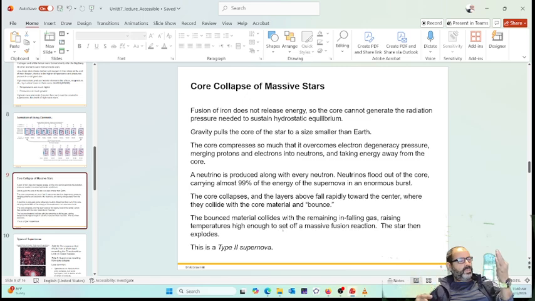So imagine with me, you have 26 protons. It's going to push 26 electrons. Now the atom is neutral, but those 26 electrons go in. Each and every one of those electrons will interact with a proton and basically form in the process a neutron and a neutrino.